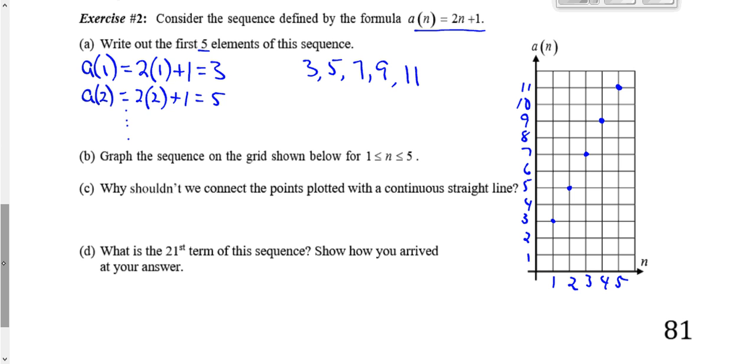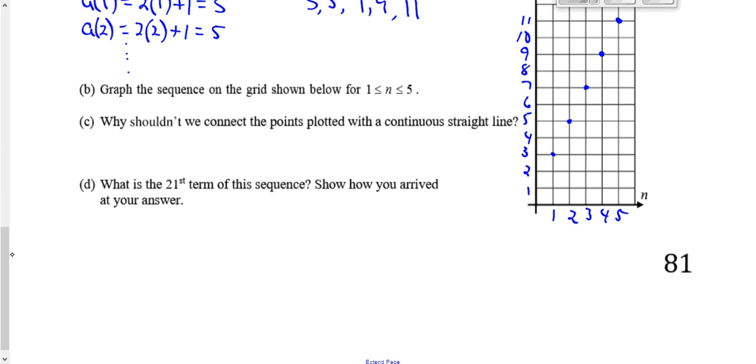You could be the first, second, or third person in line. Is there a 2.5 spot in line? No, right? There's nothing in between these whole numbers.